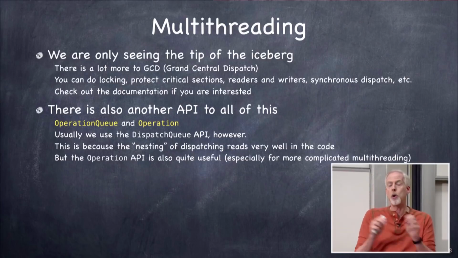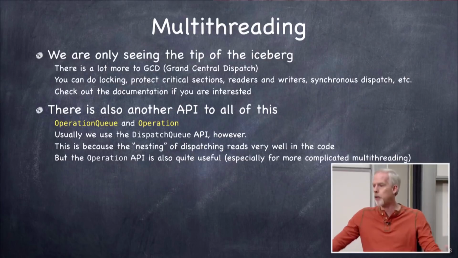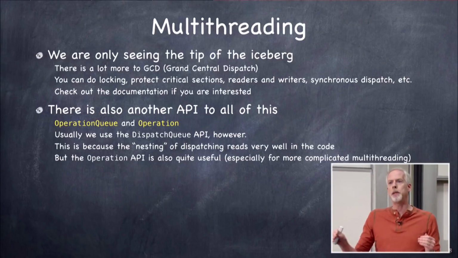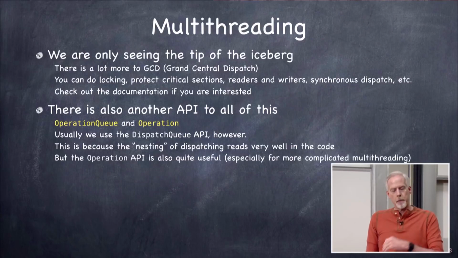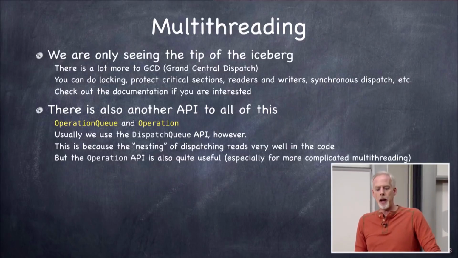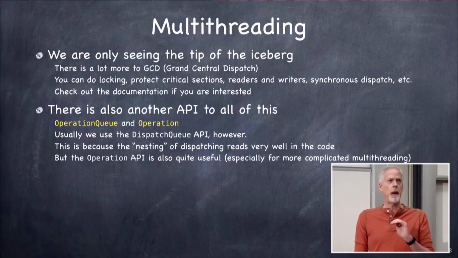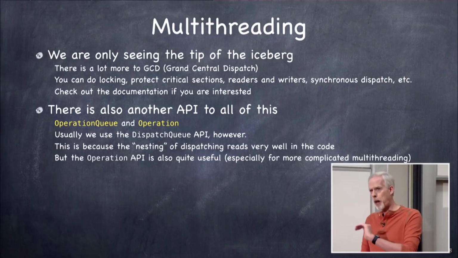Okay, this little block of code depends on this one running first, but I'm going to start these all off and just wait until the ones that depend get finished. You see what I'm saying? All this dependency management, I'm not going to talk about any of that either, but you get that by using the object-oriented operation queue and operation APIs. In this class, we're just going to use dispatch queue. Dispatch queue is part of what we call Grand Central Dispatch, because we're dispatching these blocks of code onto these queues.